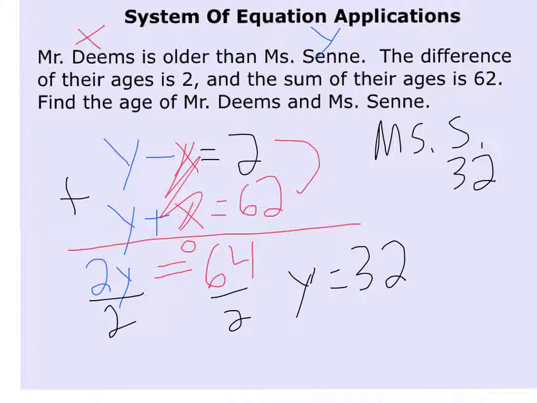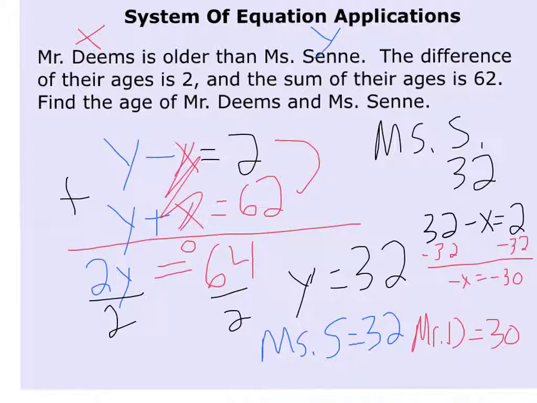So I'll do 32 minus x equals 2. Alright, so here's what I ended up with. I minus 32 from both sides, and I had a negative x equals negative 30. So positive x must equal 30. So Mr. D, not me, but Mr. Deems is 30. So Miss Senny is 32 and Mr. Deems is 30.